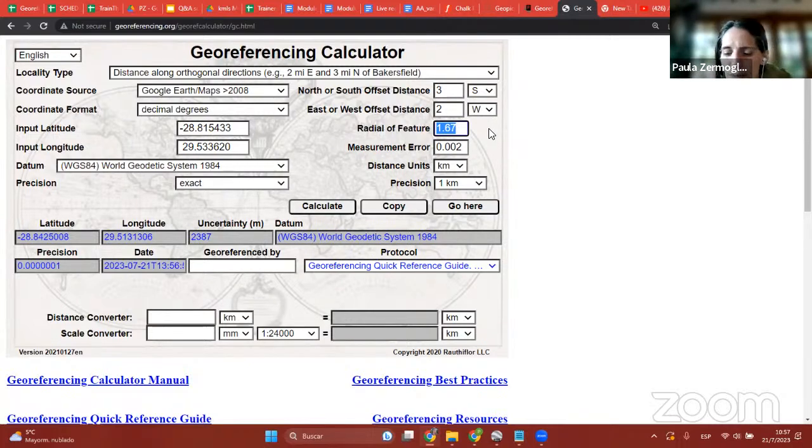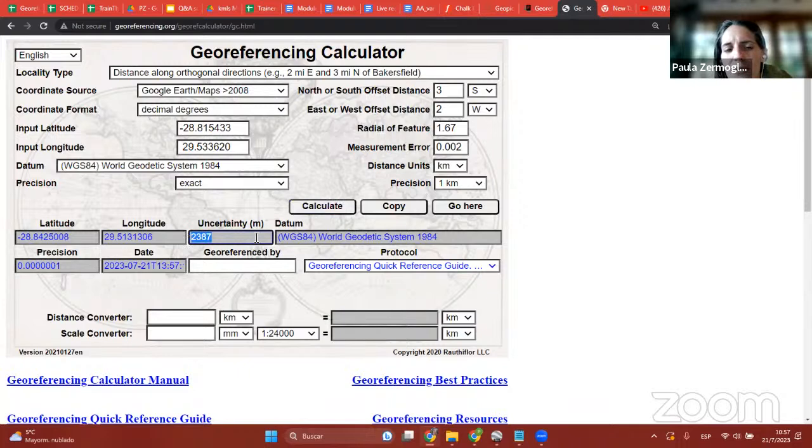Again, it depends on how big the feature is. And so again, we could put here a much lower value, and we will get a much lower uncertainty. And if we put it bigger, it will be bigger. Now, you can have an idea of what is contributing to the uncertainty if you look at the actual value of that.